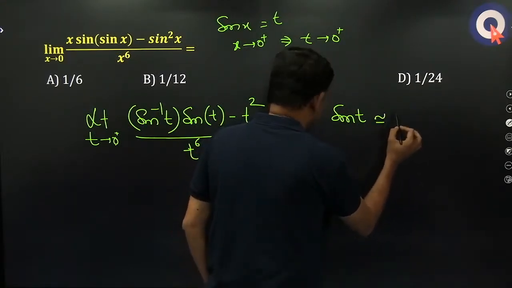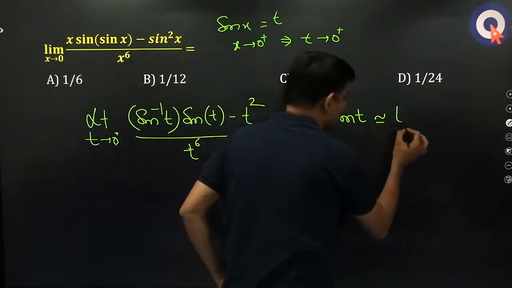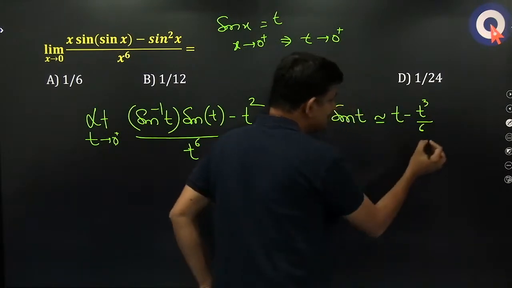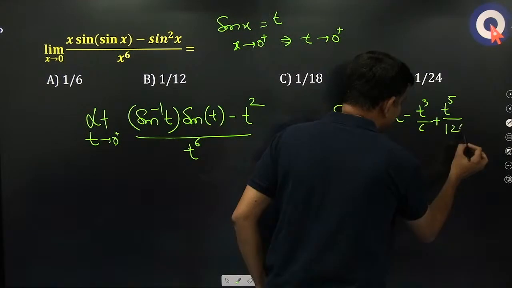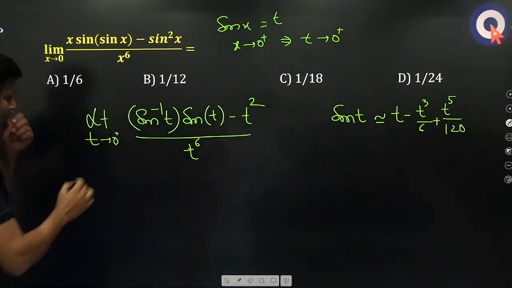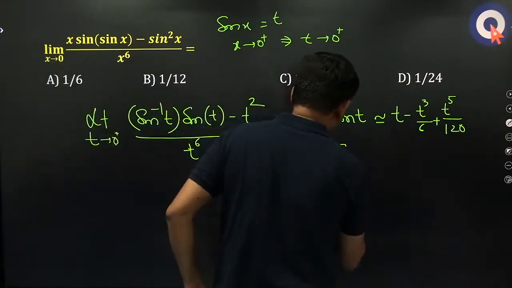Sin t, we are looking up to t power 6. So let me write t minus t cube by 6 plus t power 5 by 120. That's it, t power 7 and all, let me ignore. Sorry.